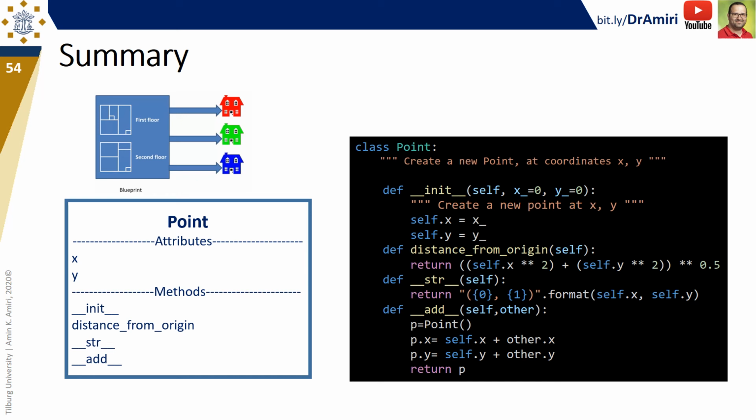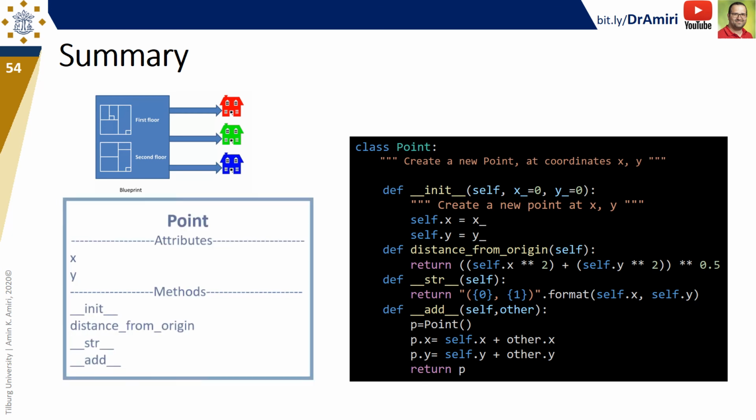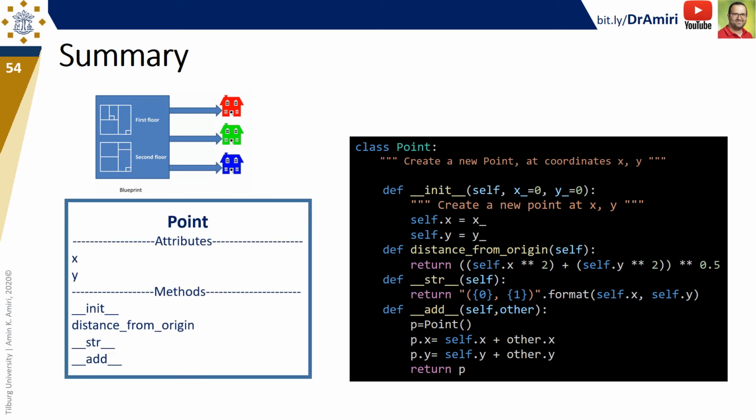Here you see one example of a class called Point in UML, unified modeling language, a visual language. This class has two attributes, X and Y, and it has four methods: dunder init, which initializes this class, creates an instance of this class, and sets X and Y, the attributes.